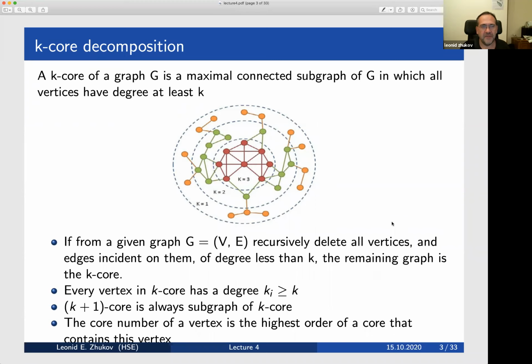Now, the definition by itself does not tell you a lot about what the core structure of the graph is, but it is very useful to look at the algorithm that allows us to detect that core structure. So in a nutshell, the idea is that you can decompose a graph into layers, and you can think about this as sort of an onion, right, with layers surrounding the kernel.